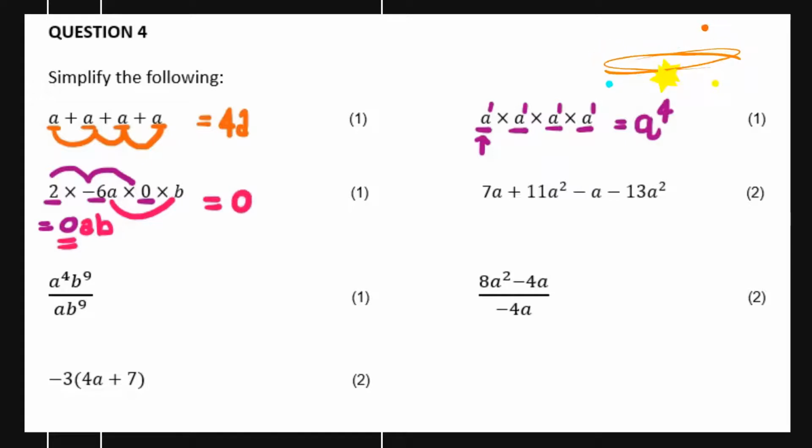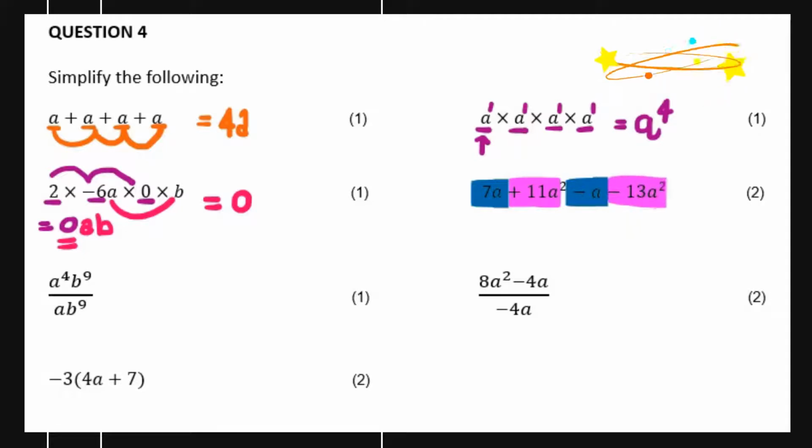For the next question, we are adding and subtracting, and again, in algebra, we add like terms. If we look at this question, 7a and negative a are like terms as their variables are exactly the same. Positive 11a squared and negative 13a squared are also like terms.